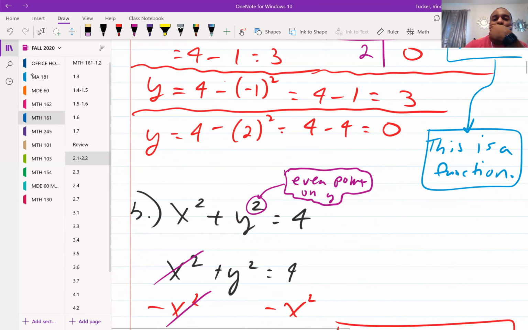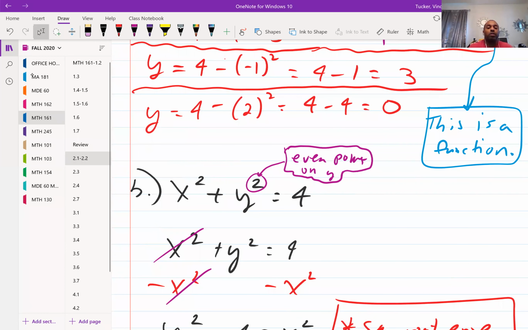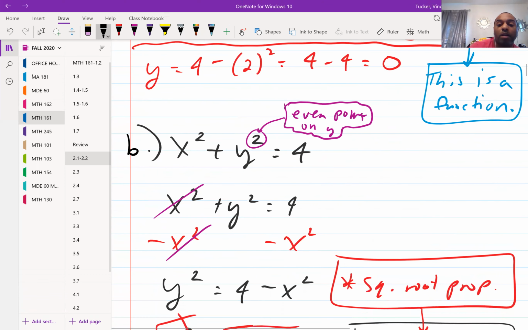All right, so let's look at the next one. What's going to be key in the next one is the fact that we have an even power on the y value. Because remember, our first move is to solve for y. If we want to see if y is a function of x, you solve it for y.